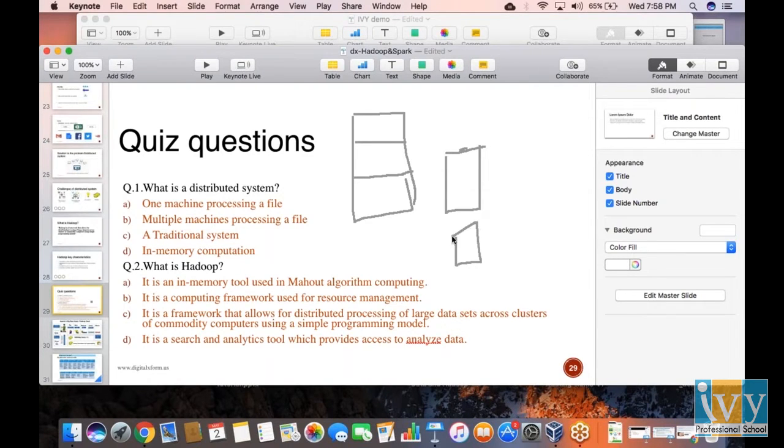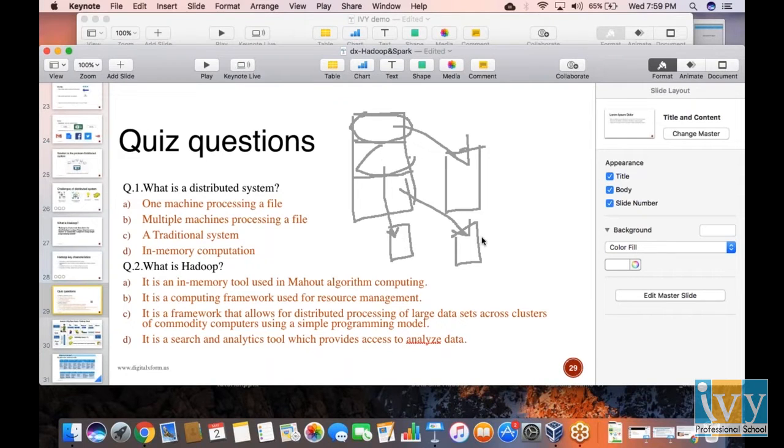There is a default block size in Hadoop, and accordingly the file will be divided among blocks. So it's divided into 3 blocks. One block will be stored on this node, one block on this node, and one block on this node. This is how one file will be divided and stored across 3 nodes.